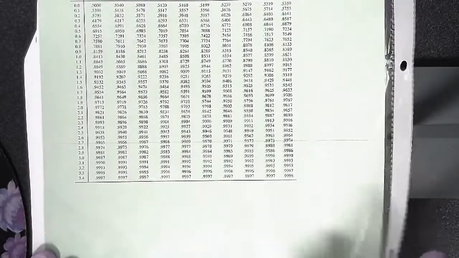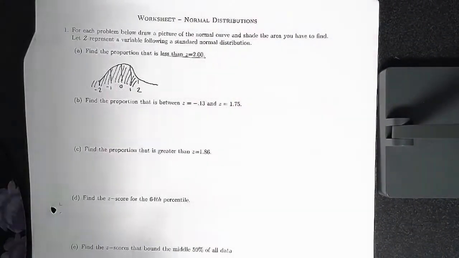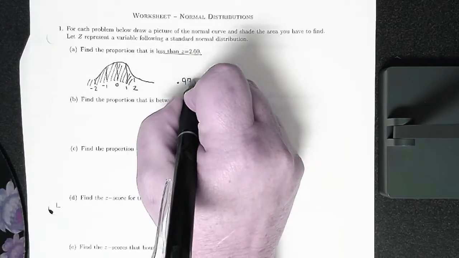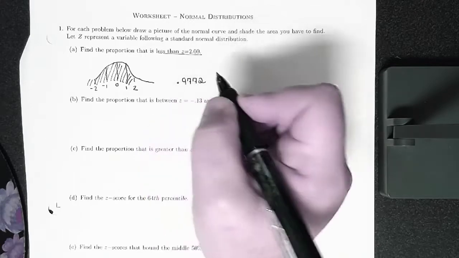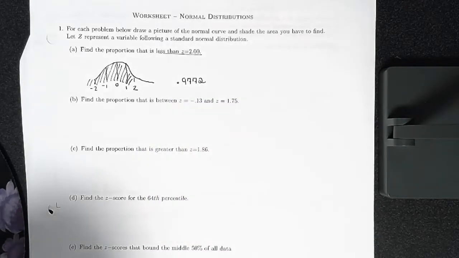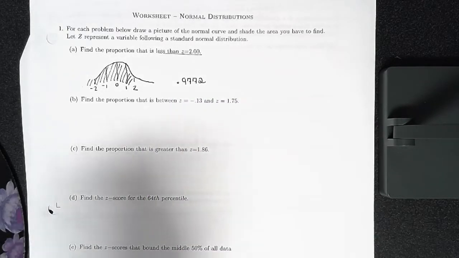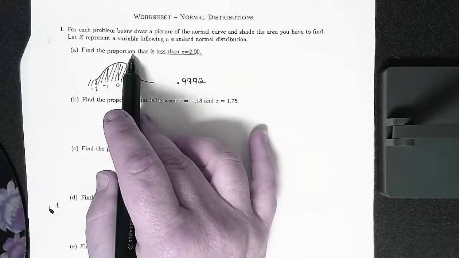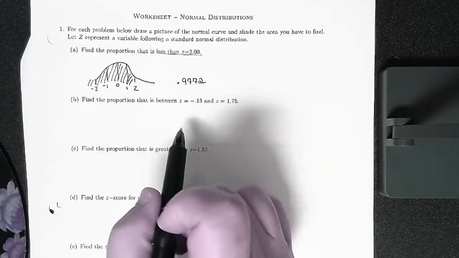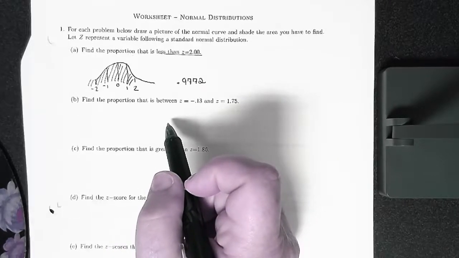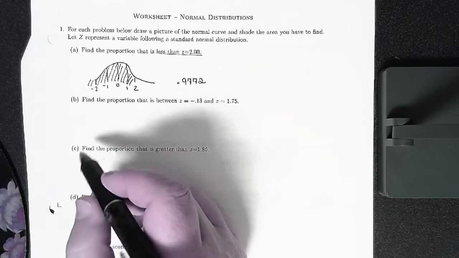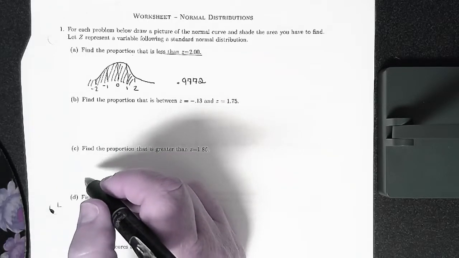So that one was pretty easy. The area below the curve is 0.9772, so that is the proportion that is less than. So it's 97.72%.